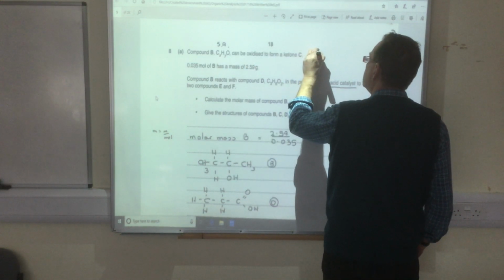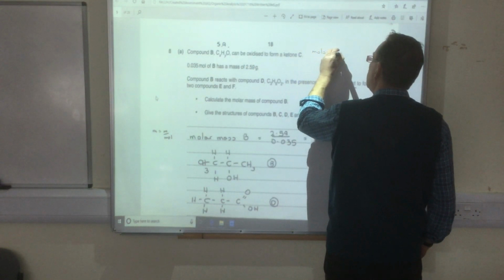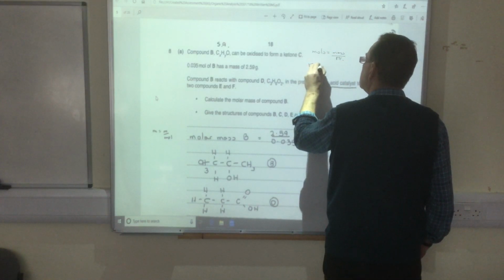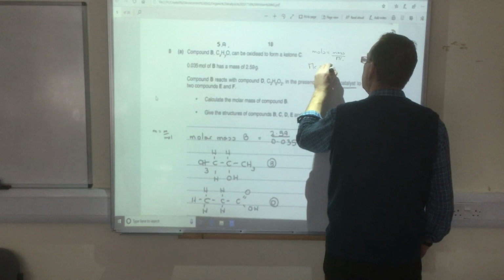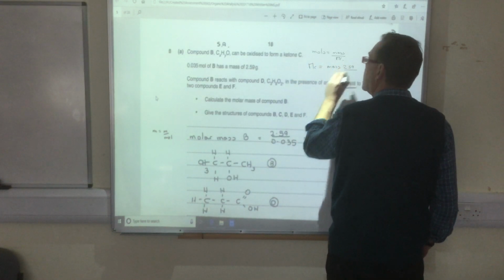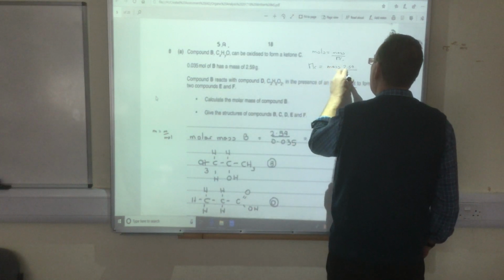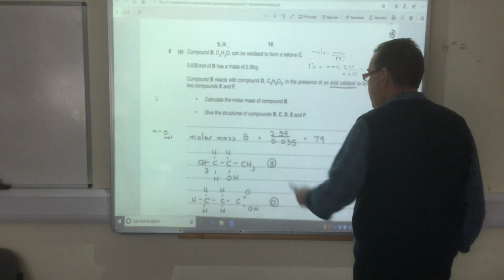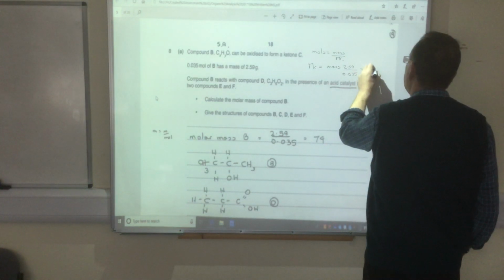So, moles is equal to the mass over the molar mass. The molar mass of this stuff is equal to the mass, 2.59, divided by 0.035, equals 74.